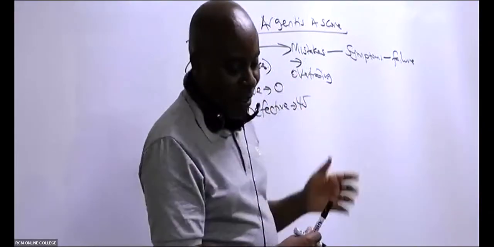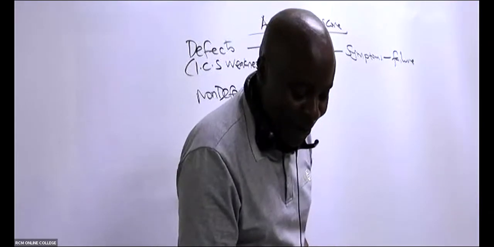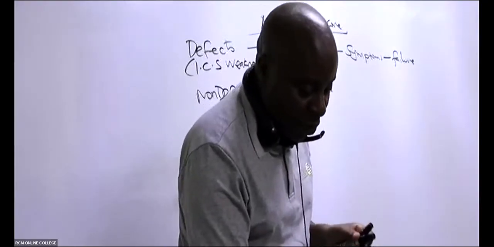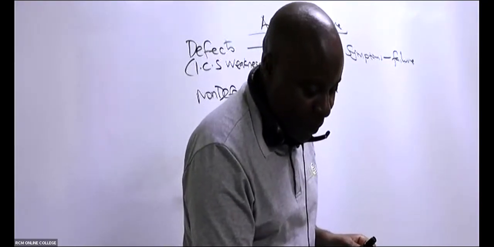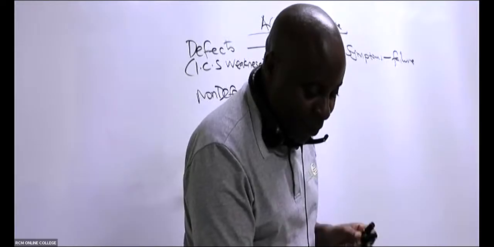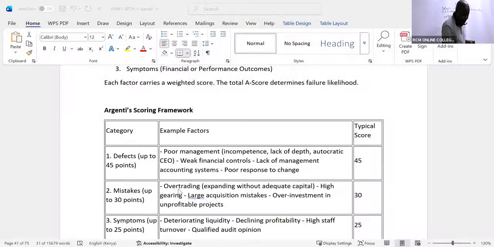I hope you are giving your companies marks, and then you shall add all of them. And don't tell me that you're not working. So mistakes: overtrading, expanding without adequate capital, high gearing, large acquisition mistakes, over investment in unprofitable projects.